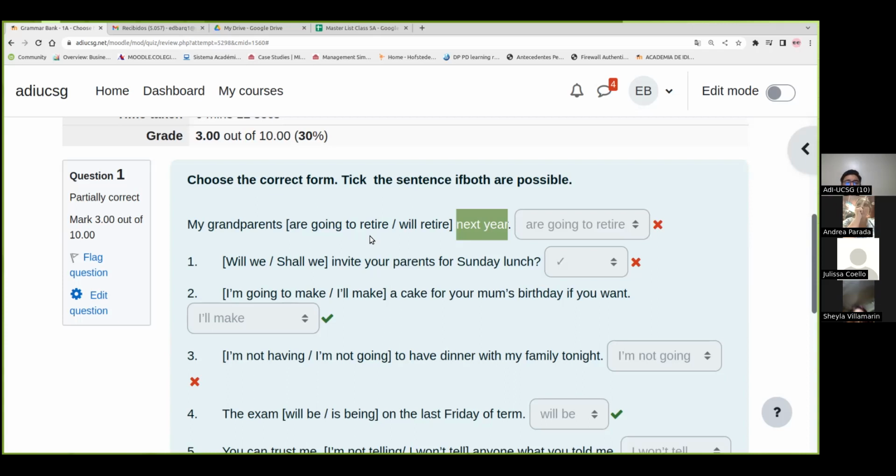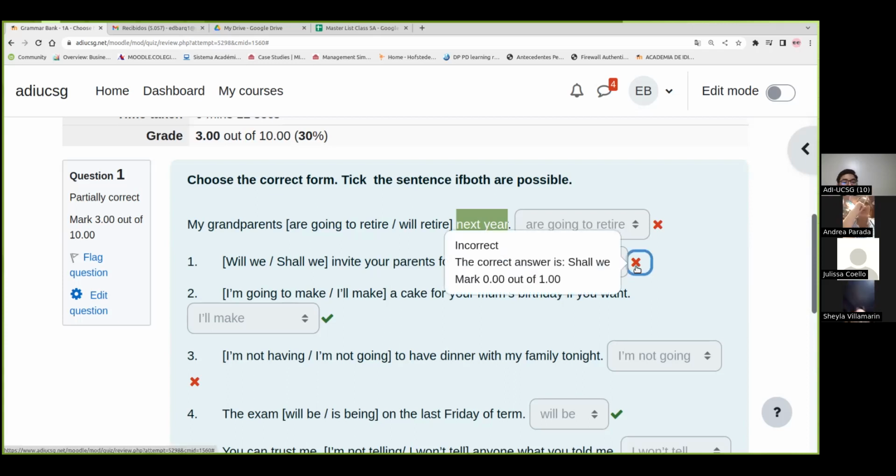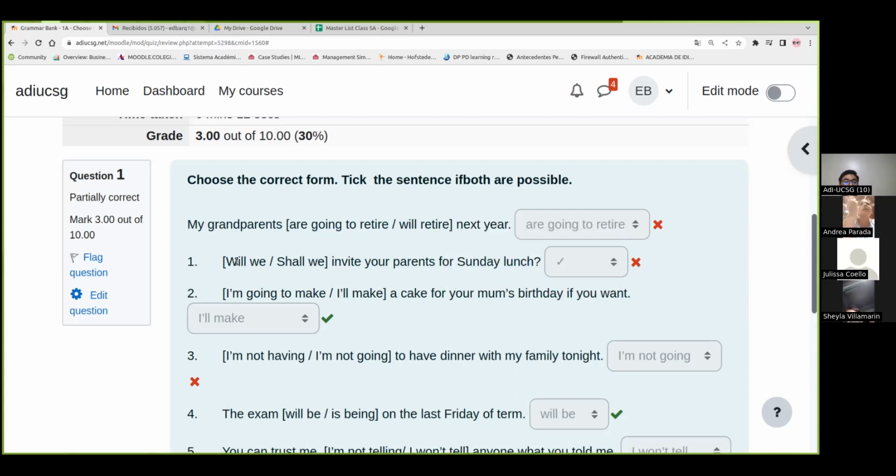In number one, we have the following. Will we or shall we invite your parents for Sunday lunch? And the answer is shall we? Because as I told you, if you use will it is not really for a specific time. It's simply the future, but it's not a specific time.